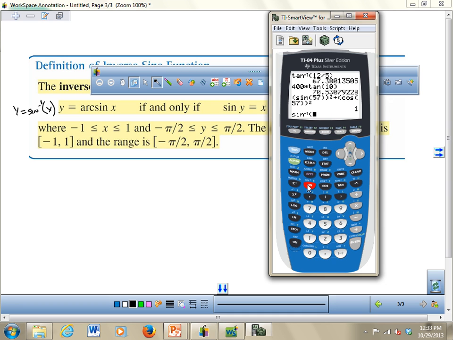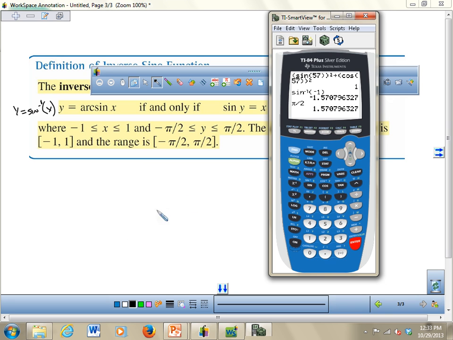I hit enter, and I get about what I said, -1.57. So that's like negative pi over 2. If I do second, pi divided by 2, it equals that same number. So that's what it is.